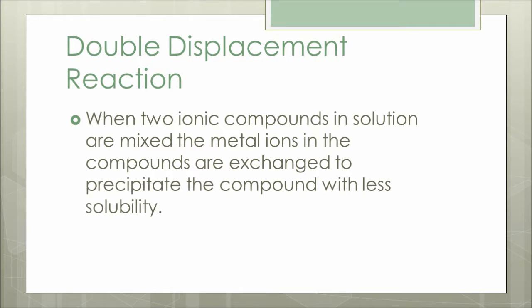The precipitate is the ionic compound which has low solubility, which means if the compound formed has a higher solubility, we will not see a precipitate, and we would say that there is no chemical reaction taking place there. Ions that remain in solution are called spectator ions.